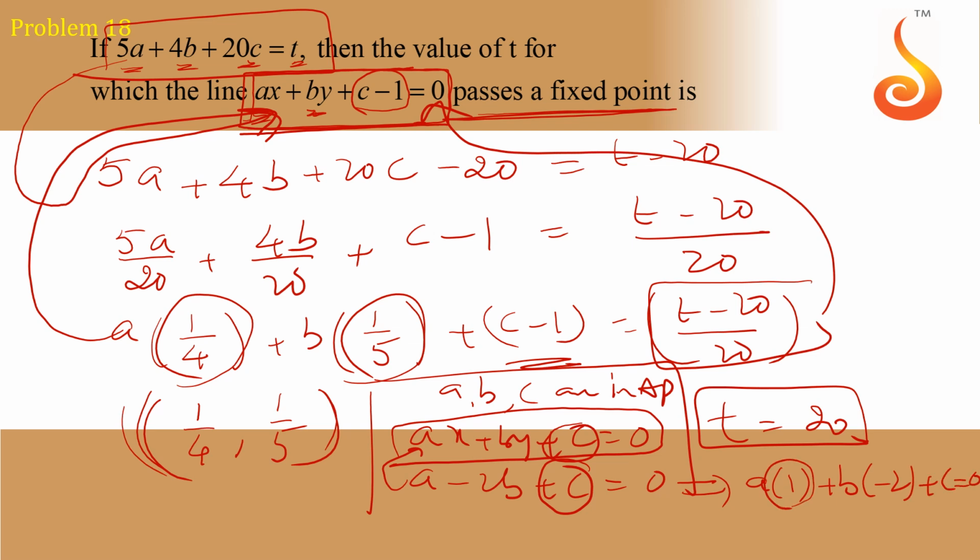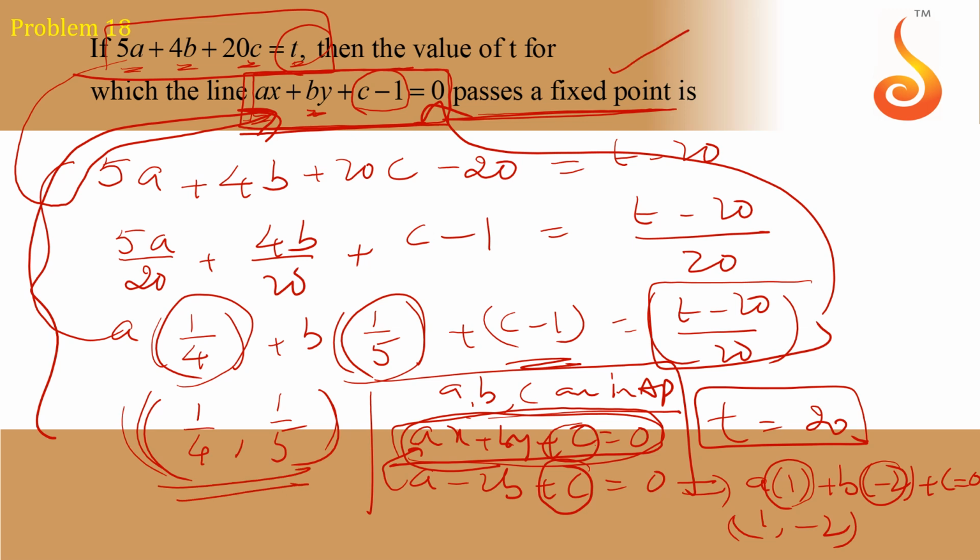Then what is the value? ax plus by, 1 comma minus 2 is the point, always satisfies this. So 1 comma minus 2 is the point of concurrency of this family of straight lines where a, b, c are in AP. So similarly we did here. Here they are asking the t value, so what is the fixed point, I can calculate, and what is the t value, I can also calculate.